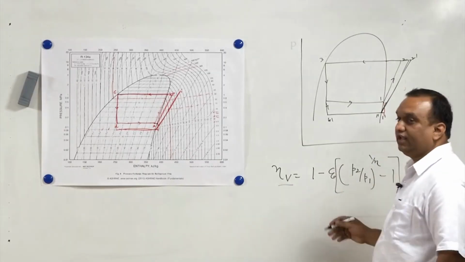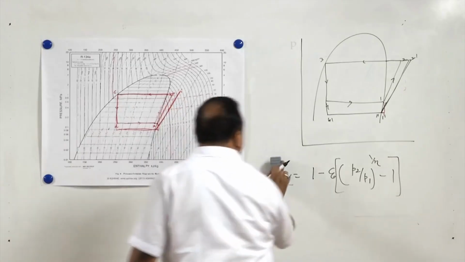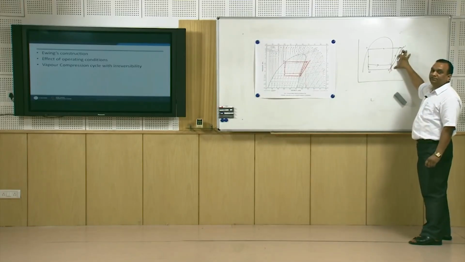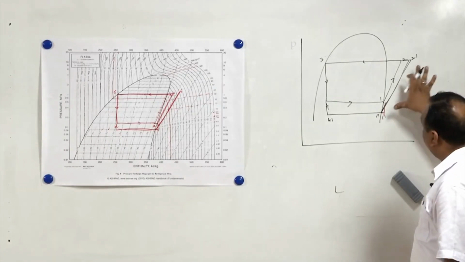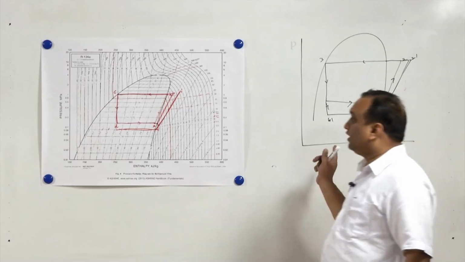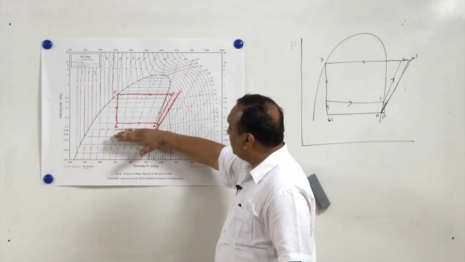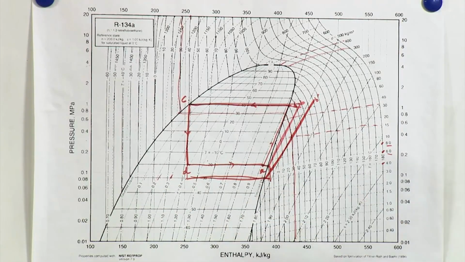So, we are the loser at all the fronts. The refrigerating effect is decreasing, the volumetric efficiency is decreasing, the work consumed by the compressor is increasing. That is why in any case if the pressure of the evaporator is reduced, the performance of the system deteriorates.